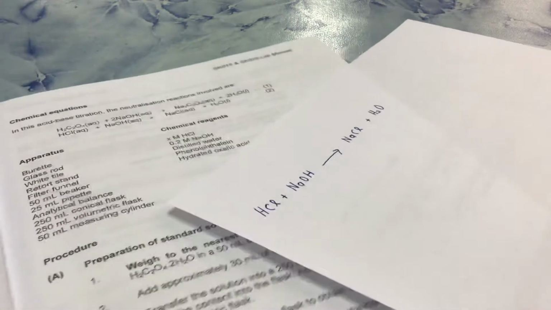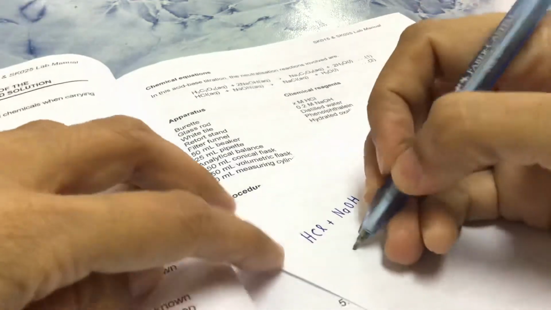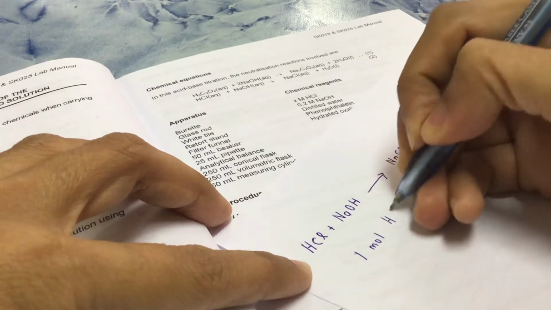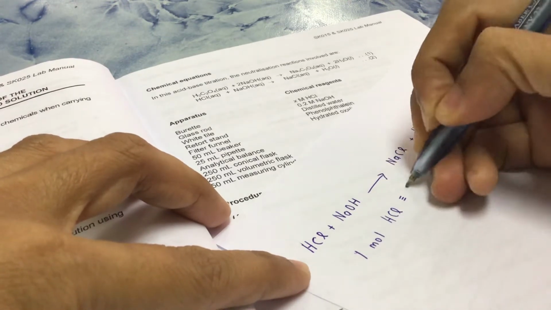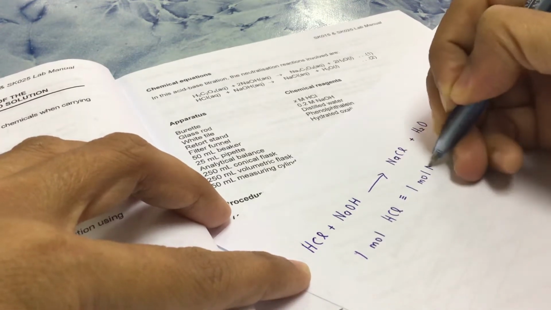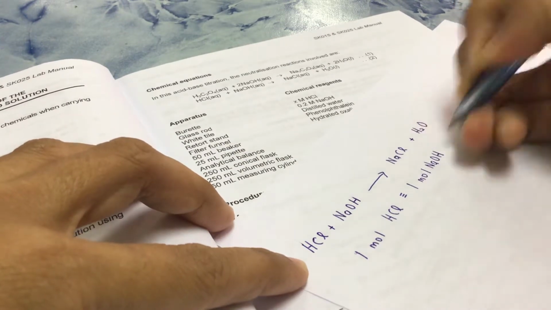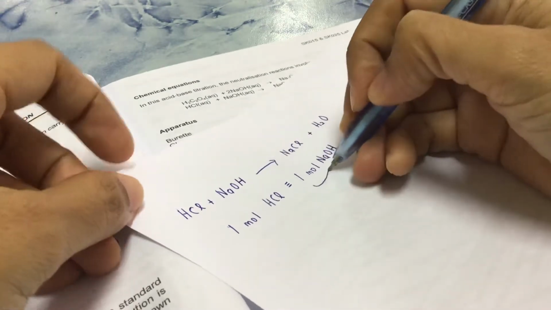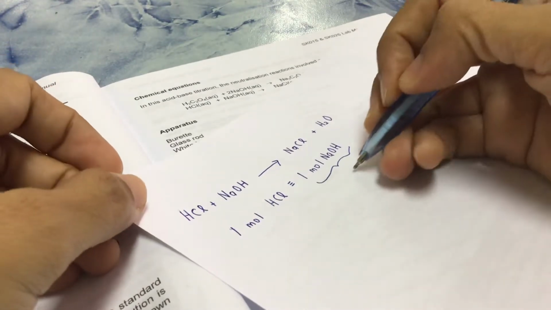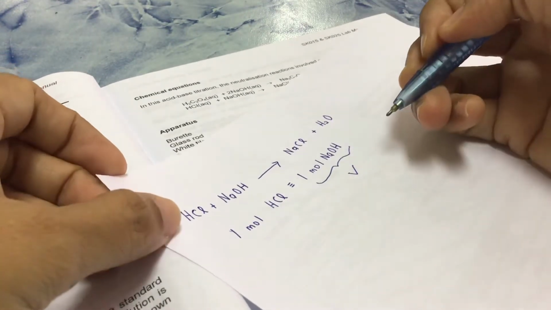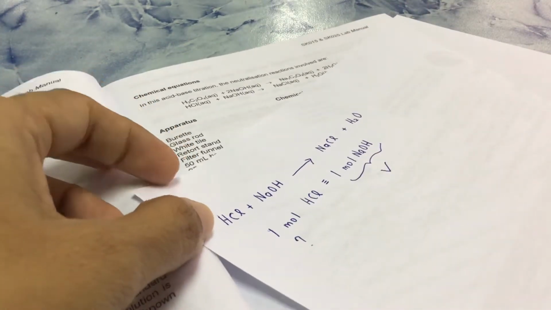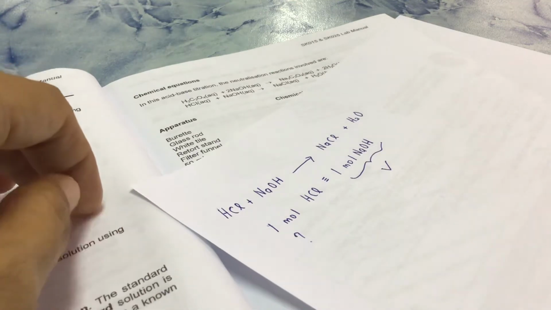According to the balanced equation, 1 mole of HCl is equivalent to 1 mole of NaOH. Now apa yang kita akan buat ialah we are going to find the number of moles of sodium hydroxide, then use that to find moles of HCl, and later calculate the molarity of HCl.